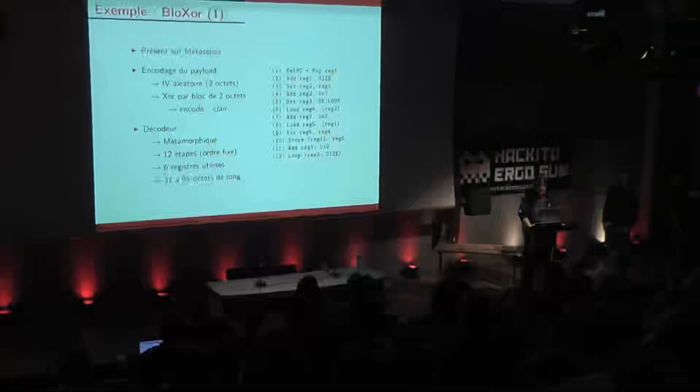So we have firstly a get PC to get the position of the shellcode in memory. Then we have the initialization of the variables, like the number of loops we have to do to decode, and then the loops to decode the shellcode.